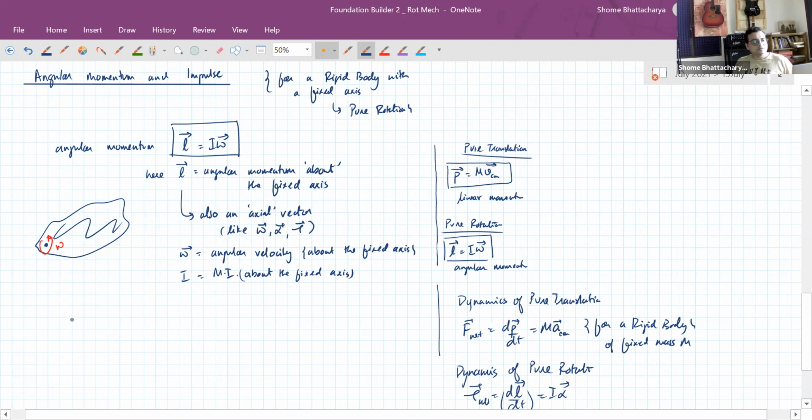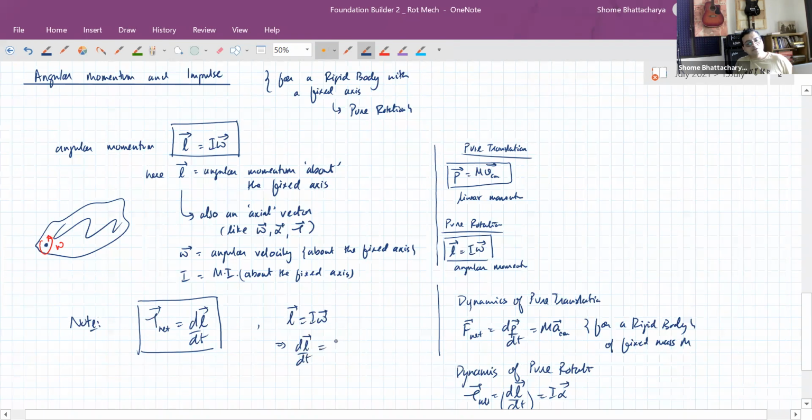So additionally, we have the relation that the net torque about the axis of rotation is equal to rate of change of angular momentum with respect to the axis of rotation. Now L is equal to I omega, so rate of change of angular momentum becomes I into d omega by dt. So that's I alpha. Again, the idea here is because the moment of inertia of a rigid body about a fixed axis is constant.